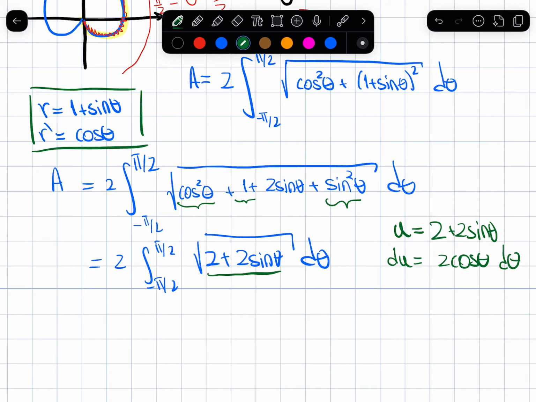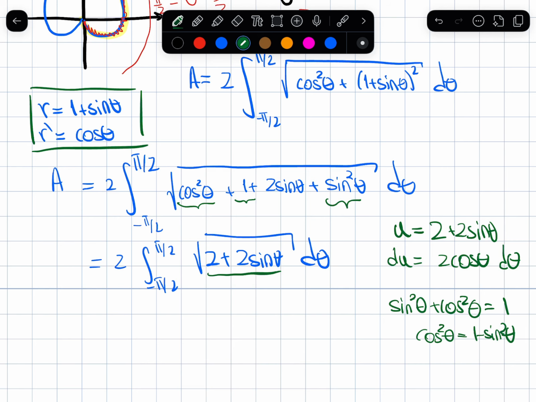So my task then, to be able to make the u sub that I want, is to make a cosine show up somehow. So I need this sine to somehow be squared so that I can use sine squared plus cosine squared is 1. And maybe if I can have a cosine squared as 1 minus sine squared, then a cosine shows up. So I'm trying to make sure that this sine gets squared somehow.